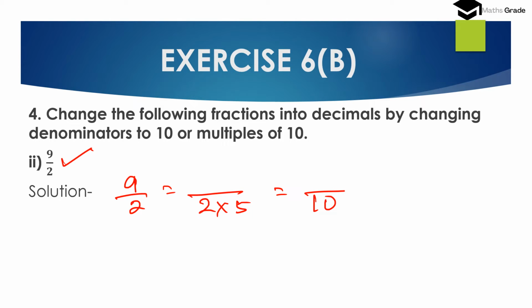And so we have to multiply the numerator 9 with the same number 5. Now 9 multiplied with 5 is 45. Now 45 divided by 10. Here the denominator 10 has a single 0, so we have to place one digit after the decimal. So it will be 4.5. Now 4.5 is in decimal form. Now 9 divided by 2 is 4.5.